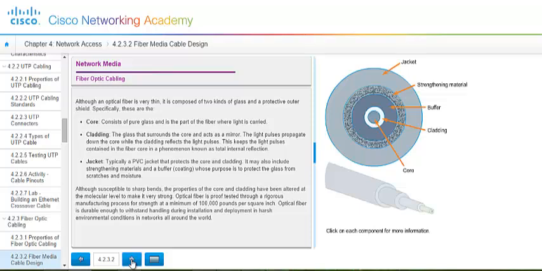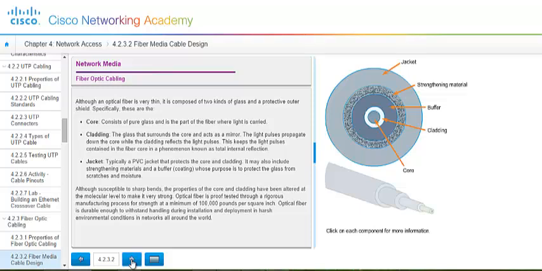Although the fiber optic is very thin, it's composed of two kinds of glass and a protective outer shield. You have your core that consists of pure glass and is the part of the fiber where light is carried. You have your cladding, that's the glass that surrounds the core and acts as a mirror. The light pulses propagate down the core while the cladding reflects the light pulses.